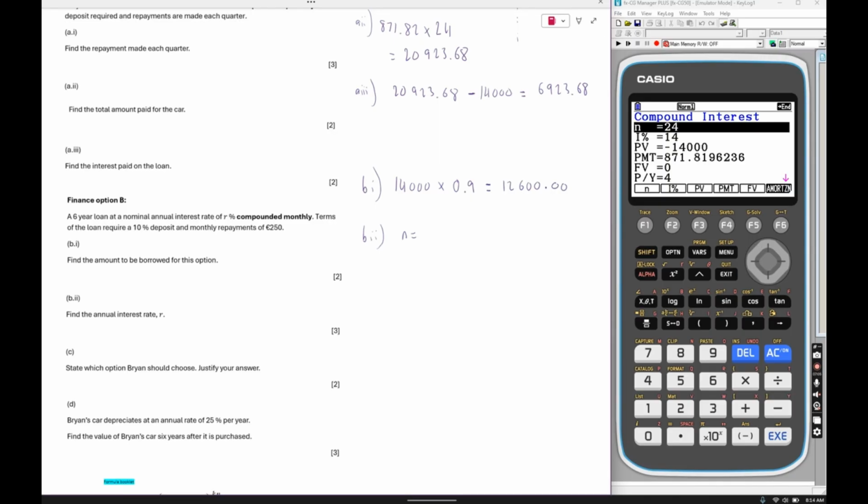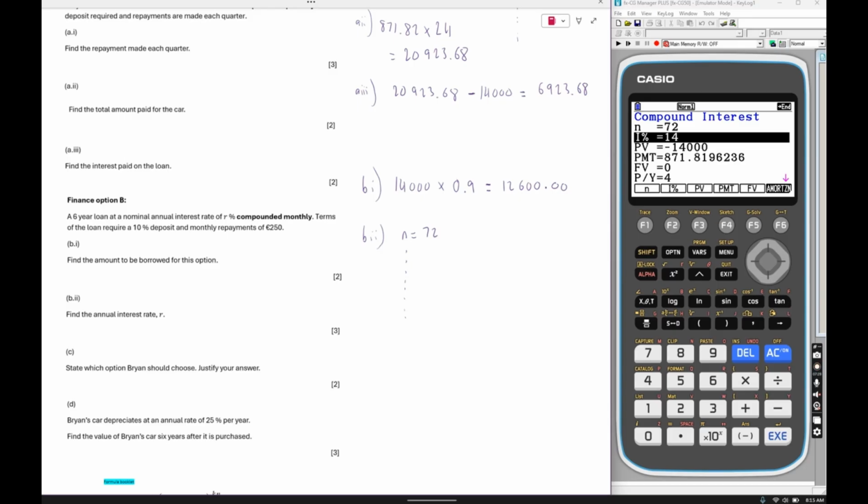So monthly means 12 times a year, 6 times 12 is 72. So N equals 72. So down in your little working out space, N equals 72. You're going to need to put all of these different values. I'm not going to write them here, but in an exam, you would need to write all of these.